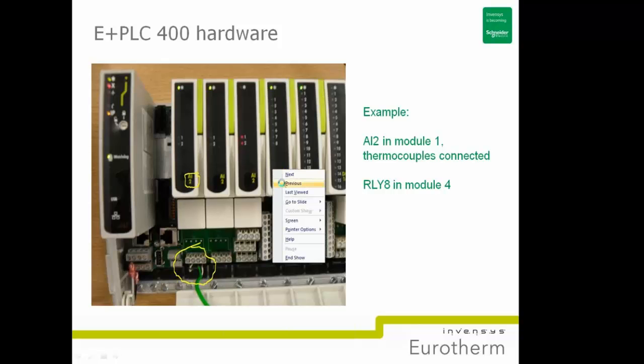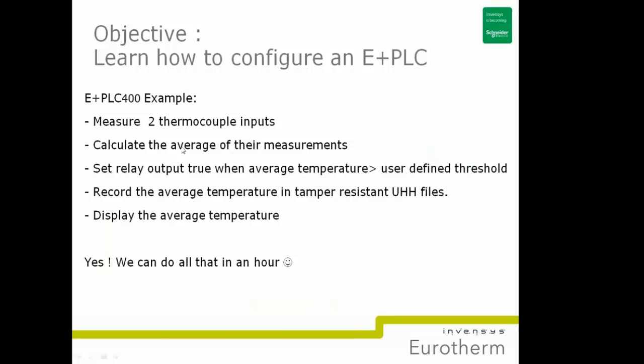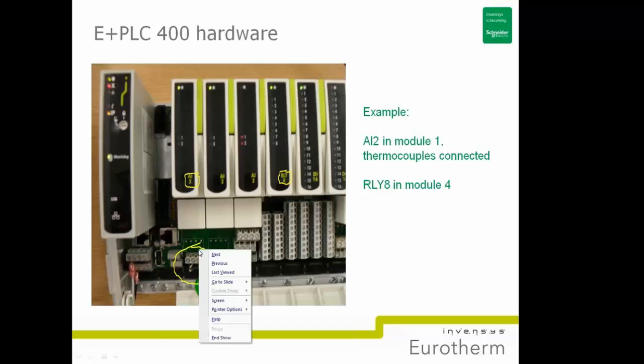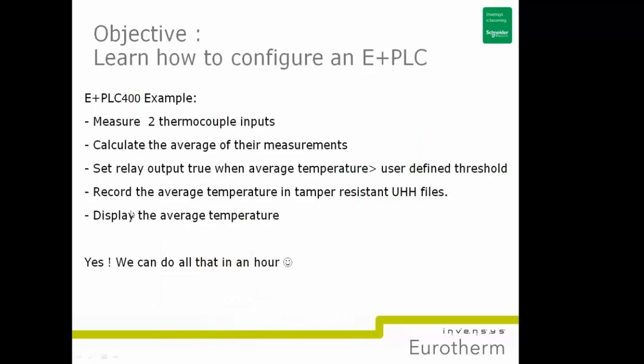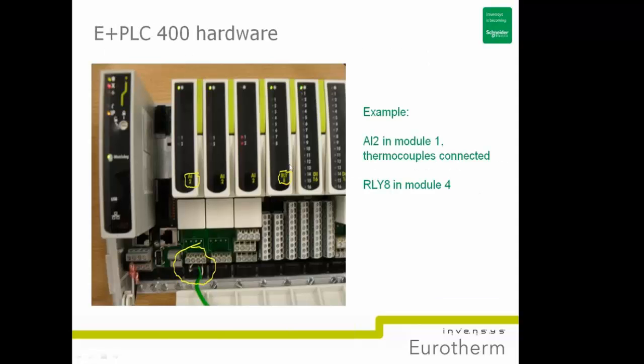So just to recap, the objective is to measure two thermocouples, these two, calculate the average of those thermocouple values, and set a relay output true when the average temperature is above a user-defined threshold. So we'll use channel 1 of this relay 8 module.